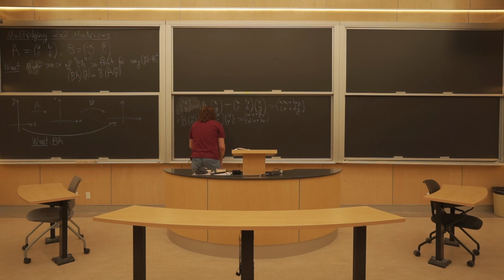So, alpha, open paren, ax plus by, okay, plus beta, open paren, this, cx plus dy. That's the first row. The second row is gamma and delta.